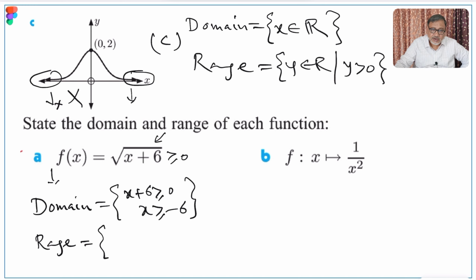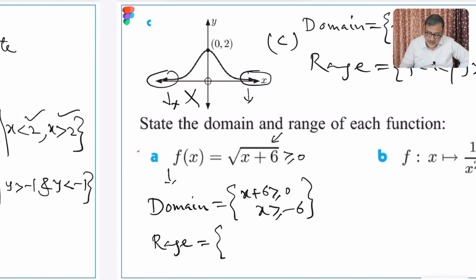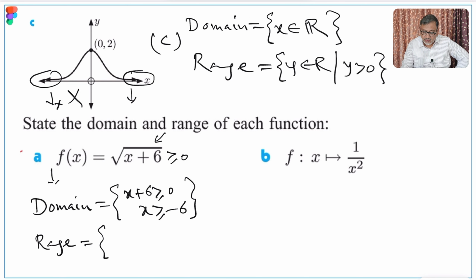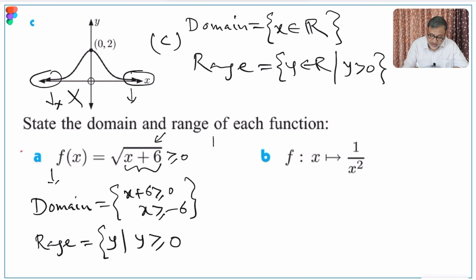So you have to write the positive value. So the range of this will be y values such that y is greater than or equal to 0, because this answer cannot be negative for a real function, right?